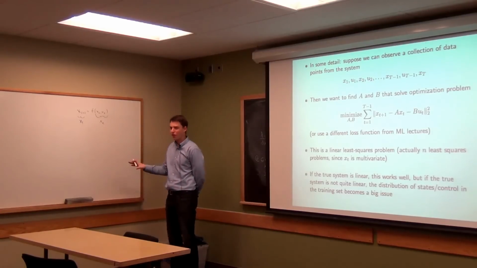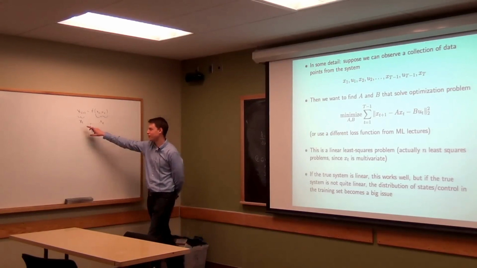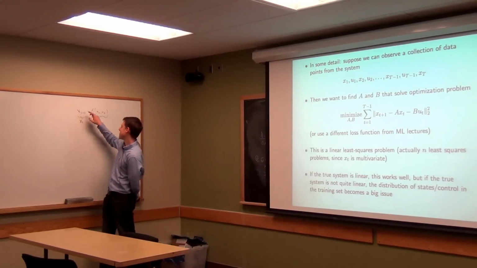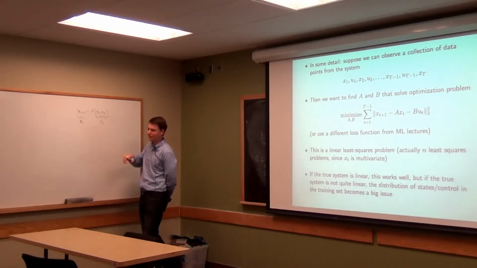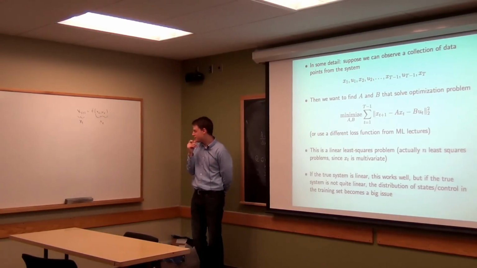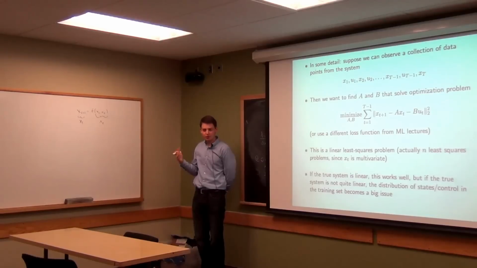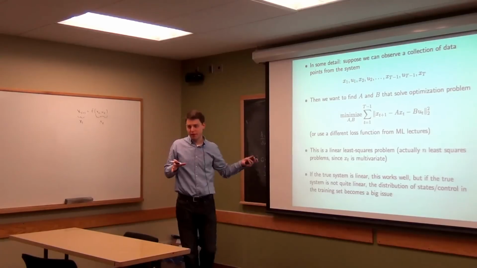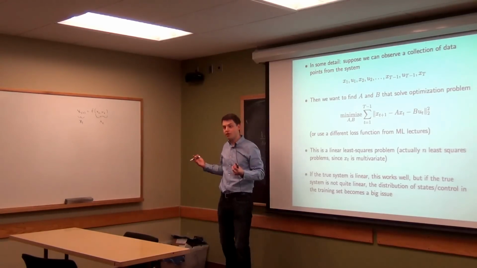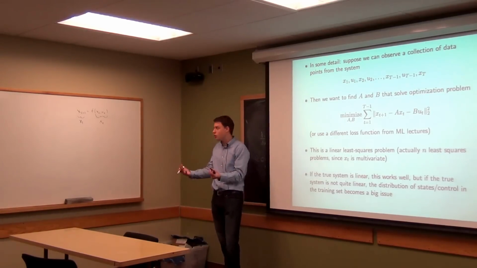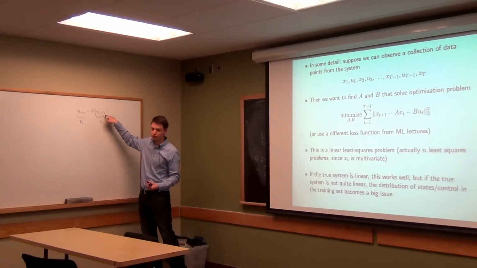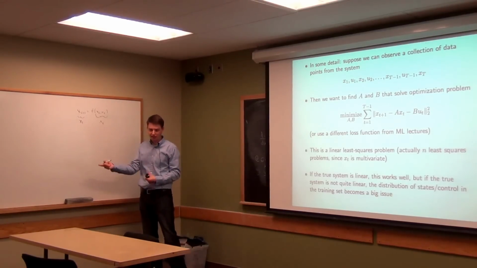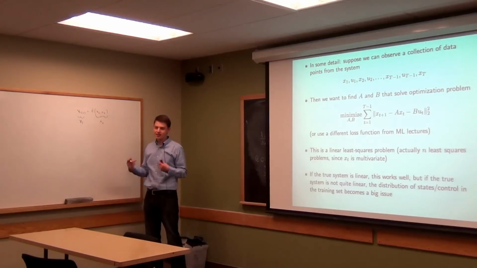Again, with apologies for mixing the machine learning notation and the control notation here. Machine learning is really good at coming up with mappings from input to output. What we have here is a bunch of input-output pairs that we've observed, so we can learn a function that will predict, for new states and controls, what our next state is going to be.